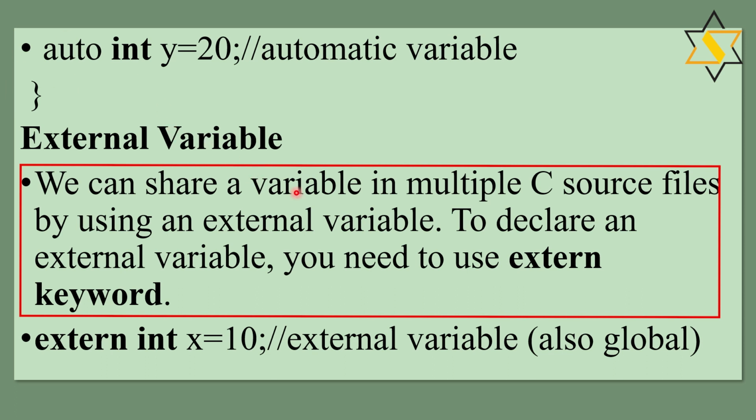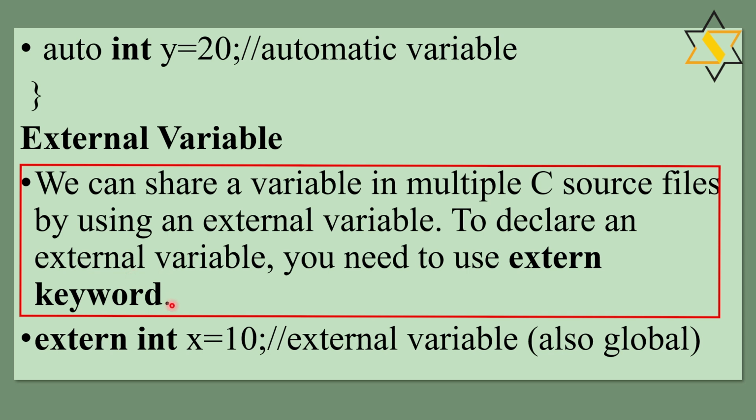Then the last variable type is the external variable. This is also one of the important variables. If you want to use extern as a keyword, then this keyword is called the extern keyword. The external keyword is also considered your global keyword.